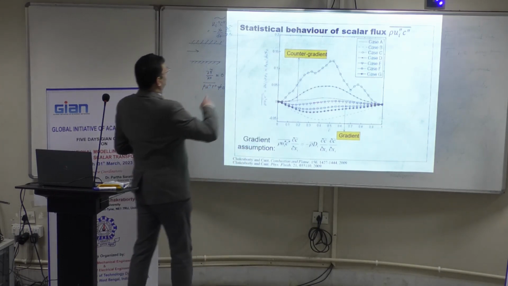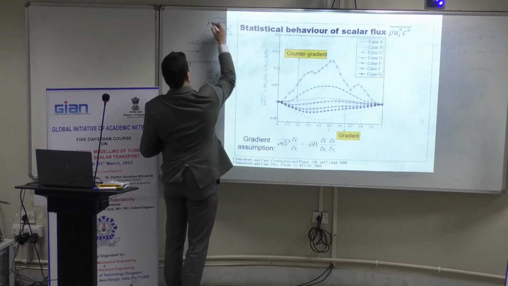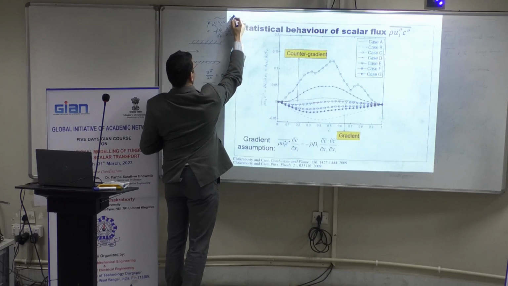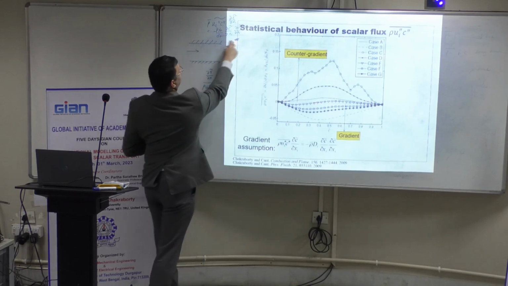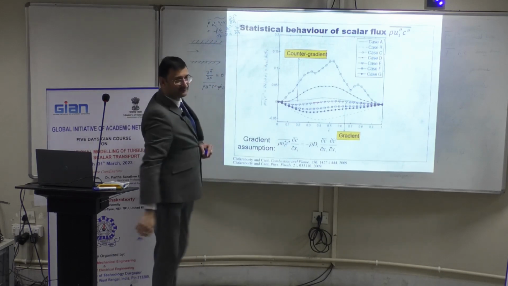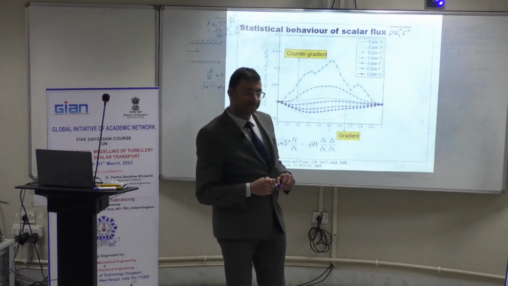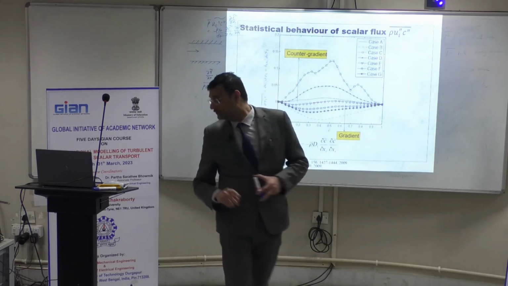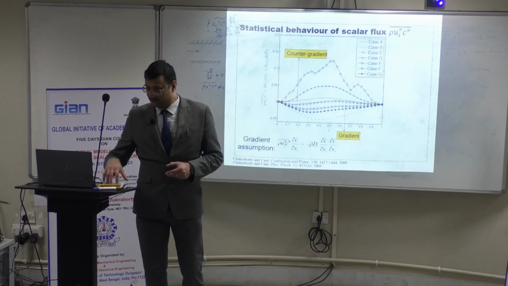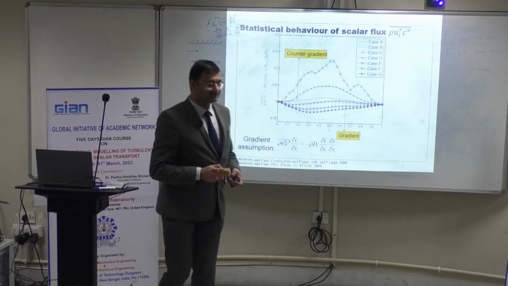If I now multiply, see, this one has to be negative according to the gradient hypothesis. Clear? If it is not negative, that effectively means it has to be counter gradient.